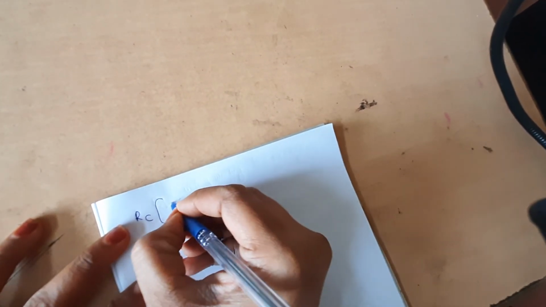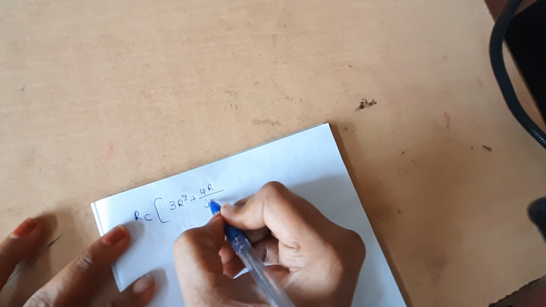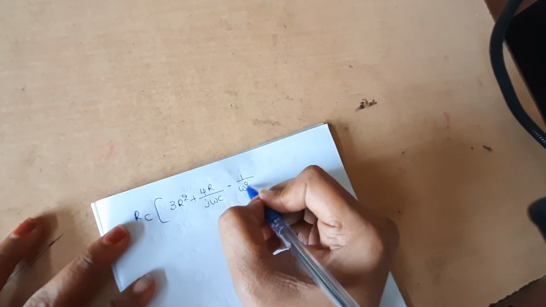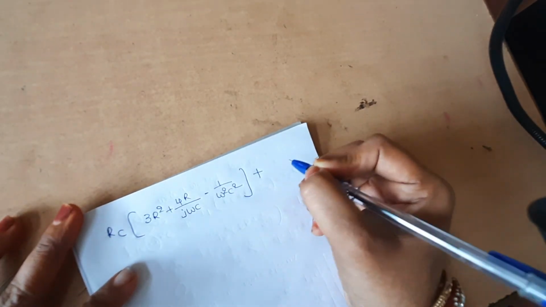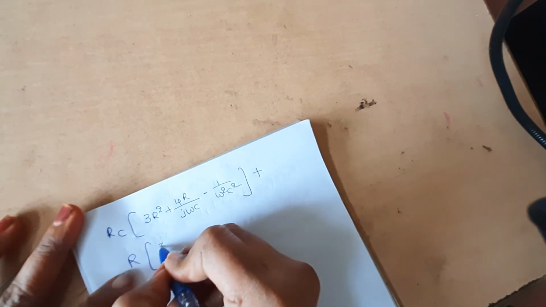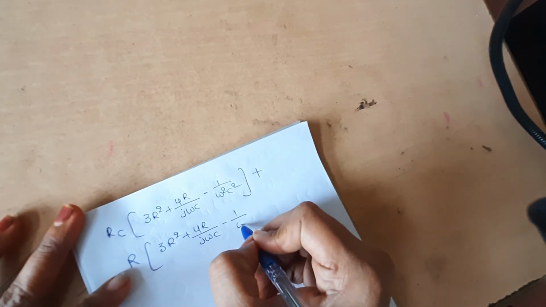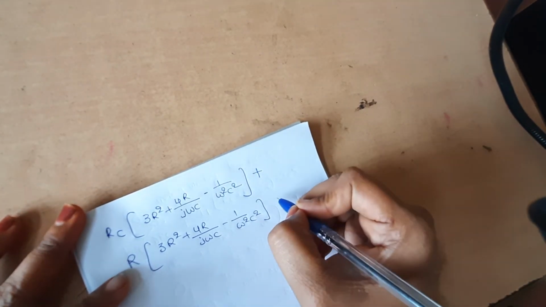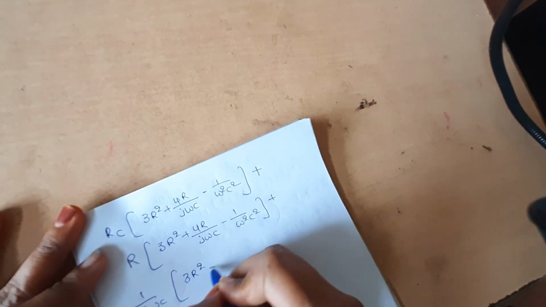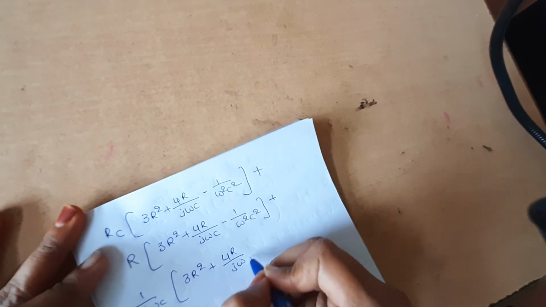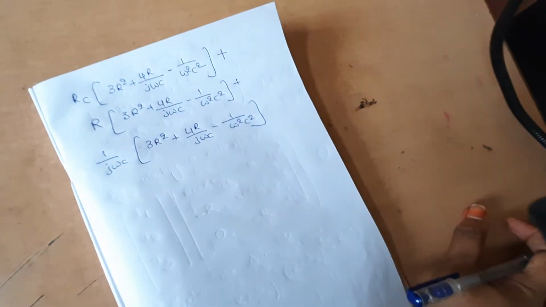RC multiplied with 3R square plus 4R by j omega C minus 1 by omega square C square, plus R multiplied with the same, plus 1 by j omega C multiplied with 3R square plus 4R by j omega C minus 1 by omega square C square. So this is our equation.